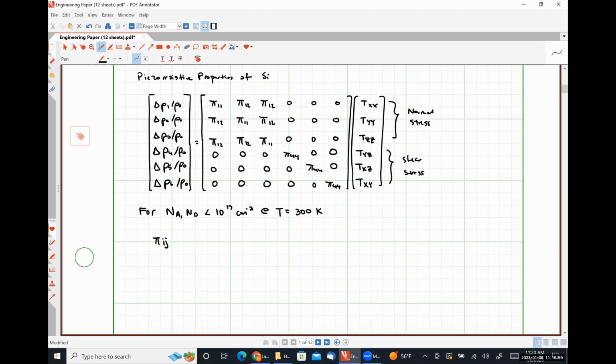Here are our piezo-resistive coefficients having units of 10 to the negative 11 inverse pascals. And then here is what we will see in N-type crystals. And over here is what we will see in P-type crystals.